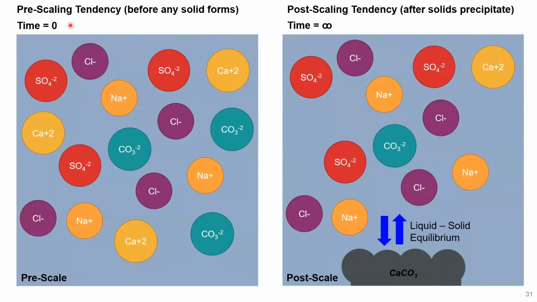You put it in a beaker or in a glass, put it in the water and start mixing it. At time equal to 0, the first time you start mixing, everything is in solution, nothing is precipitating out, and before anything precipitates out, the software calculates these pre-scaling tendency values. So it accounts for all the possible ions being dissolved in solution.